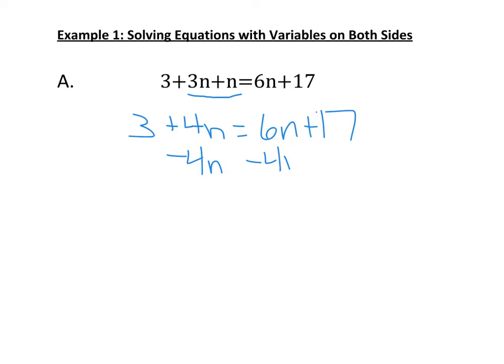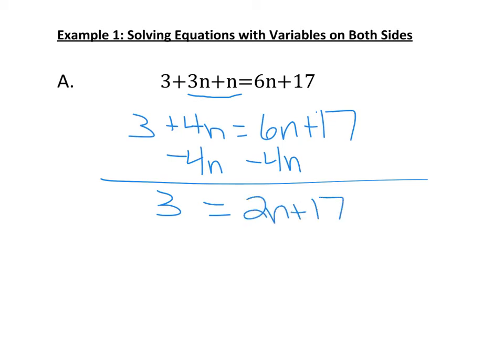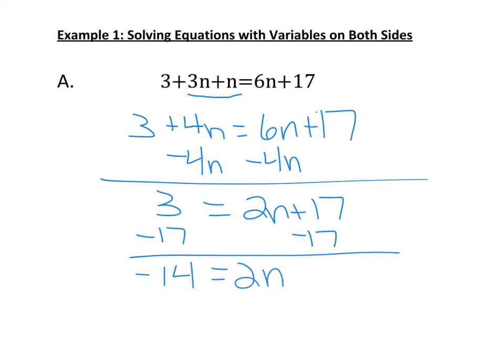Usually we want to start with the one that's less, so we can get rid of those negative signs. So 6n minus 4 is 2n plus 17. Once we get our variables on one side, it's a matter of solving using inverse properties. Then we have 2n, so multiply means we divide, which leaves us with n equaling negative 7.